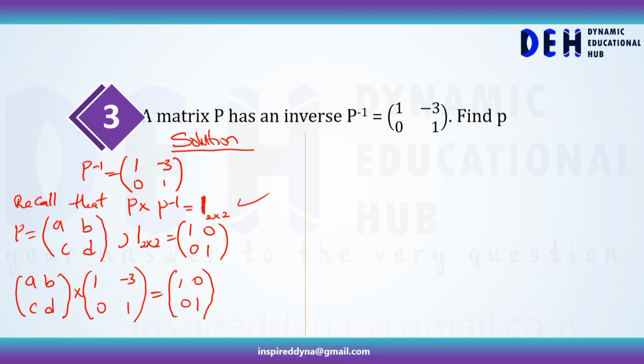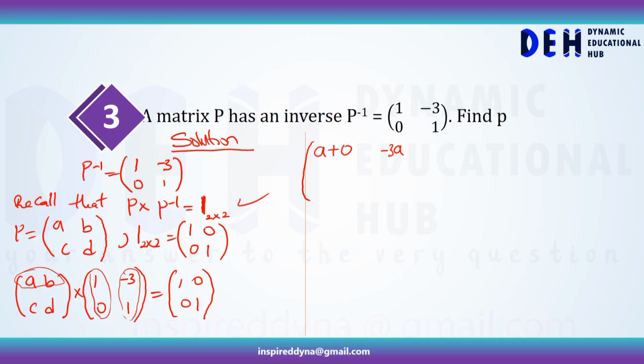Let's do multiplication of matrices here. Don't forget, row against column. The first one, A times 1, so you have A. B times 0 is plus 0 for that one. Move to the next column. You have A times minus 3, so you have minus 3A.